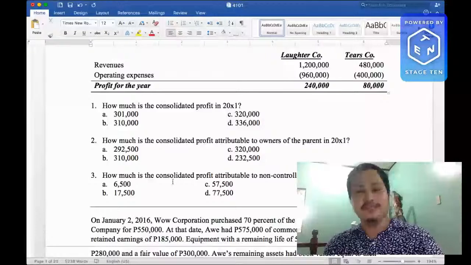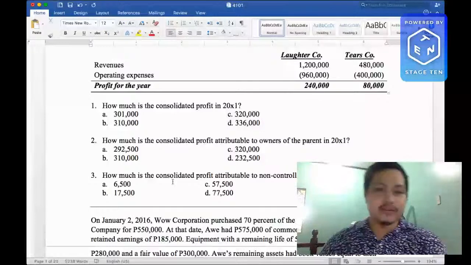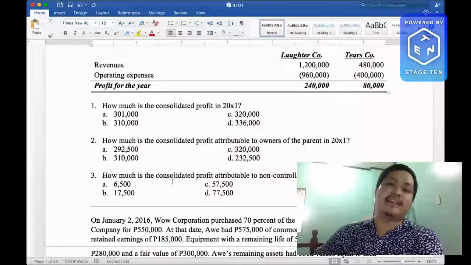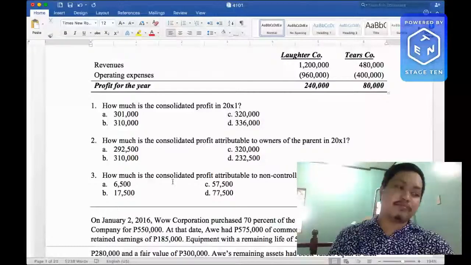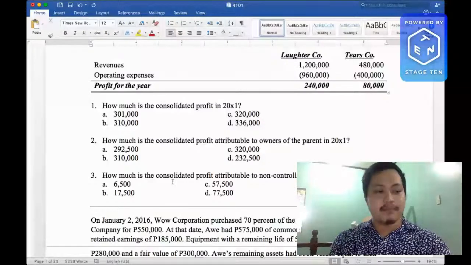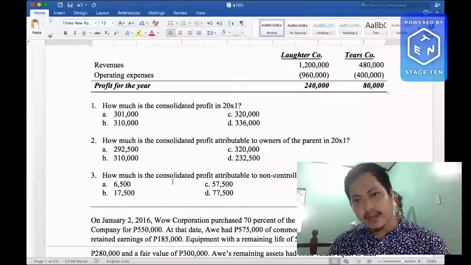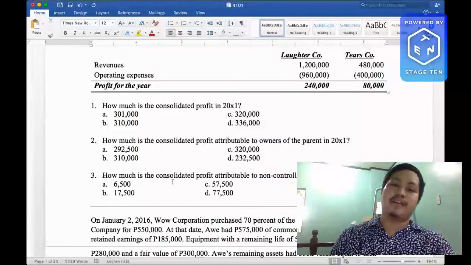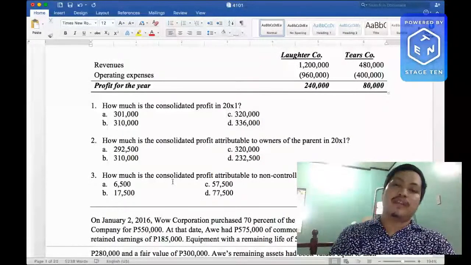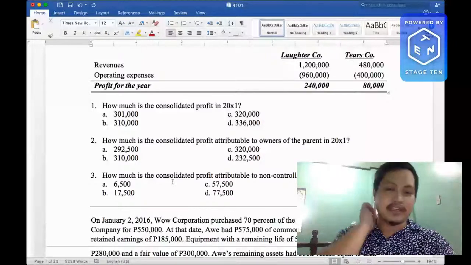So, what other question, class, will the answer be 310,000? Consolidated profit using the entity approach. Class, the primary difference between consolidated income using the parent approach and using the entity approach is the share of the non-controlling interest in the profit of the subsidiary.